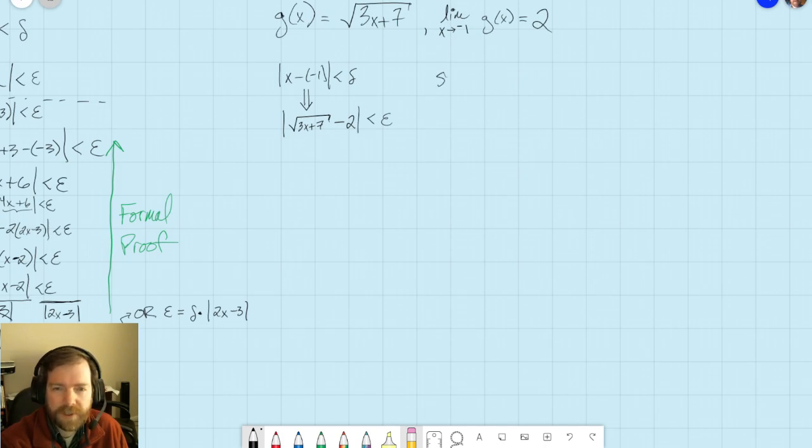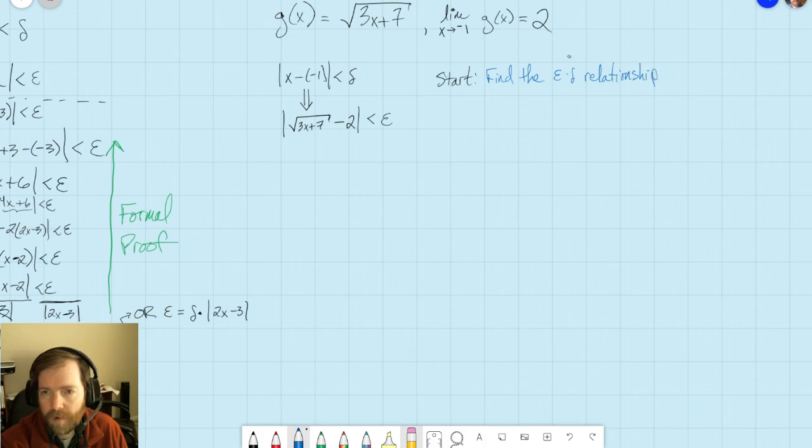So where I'm going to start is, again, find the epsilon-delta relationship.